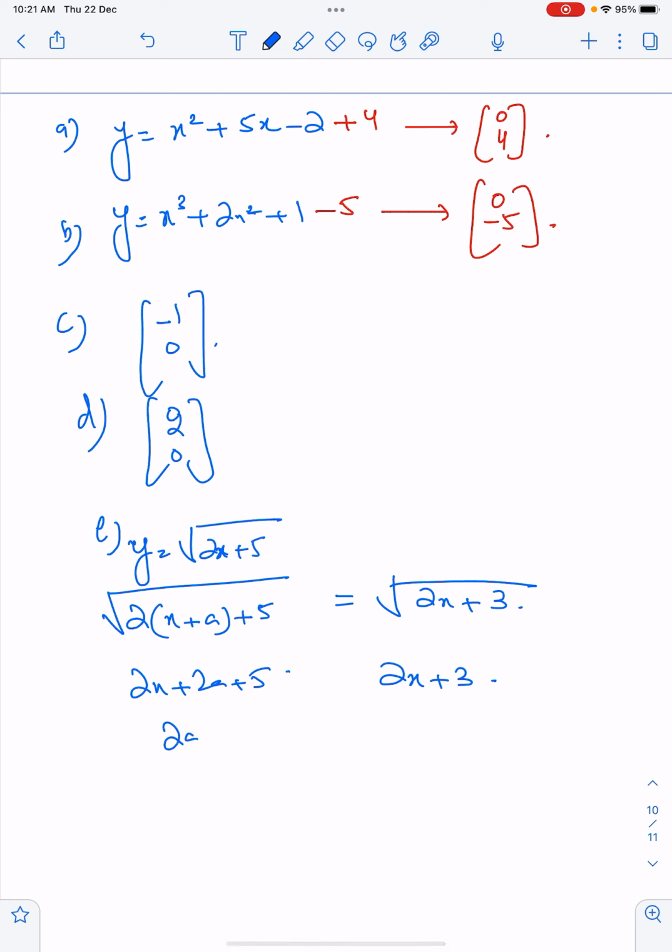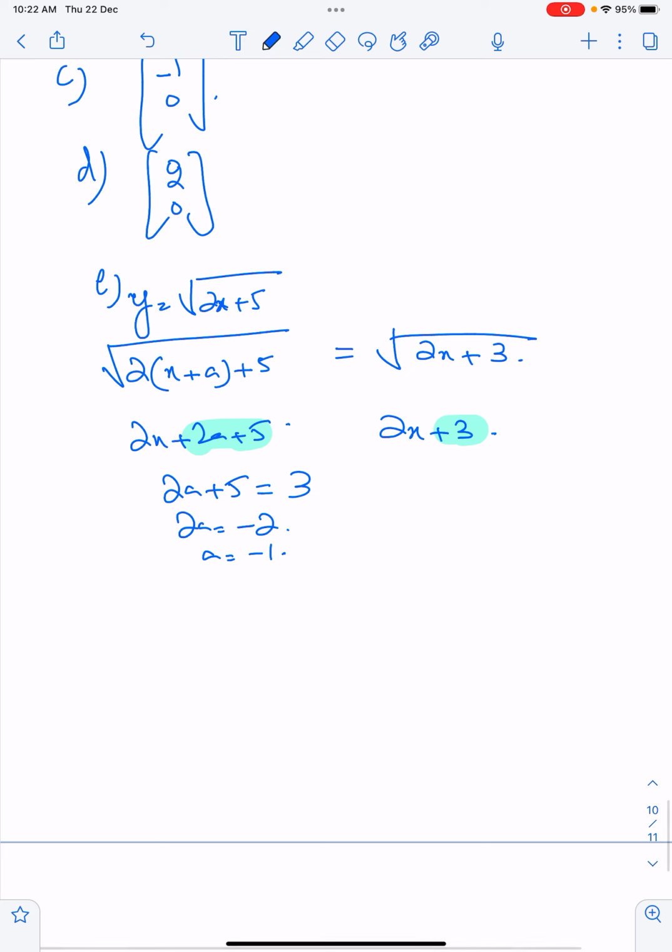The constant is 2a plus 5 equals 3, because there is no point comparing the coefficients of x. Now if I solve this, I get 2a equals 3 minus 5, which is -2, and a equals -1.